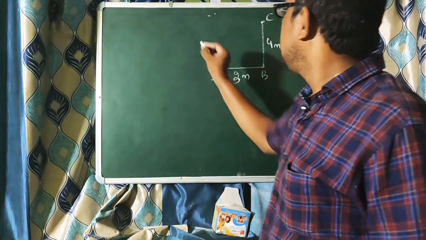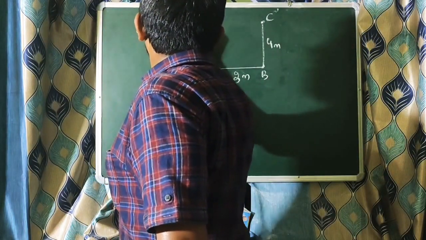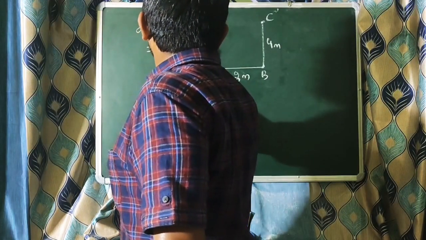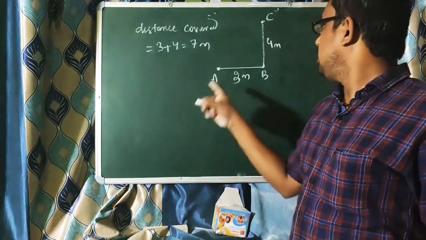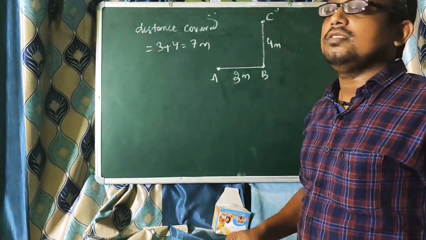Now see, the distance covered here is equal to 3 plus 4, 7 meter, because A to B is 3 meter, B to C is 4 meter, so it will be 7 meter.